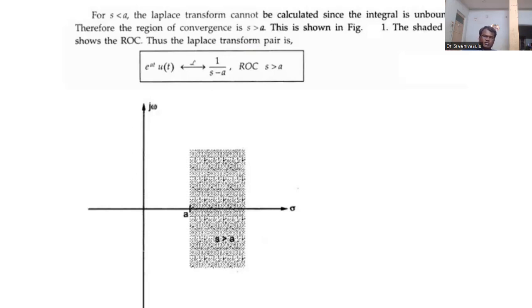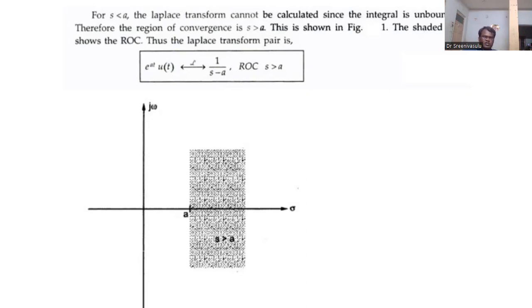The imaginary part on the right side is not available, so we consider the real part of s is greater than a. The real part of s is nothing but sigma. Now the overall ROC is real part of s greater than a, or sigma greater than a.